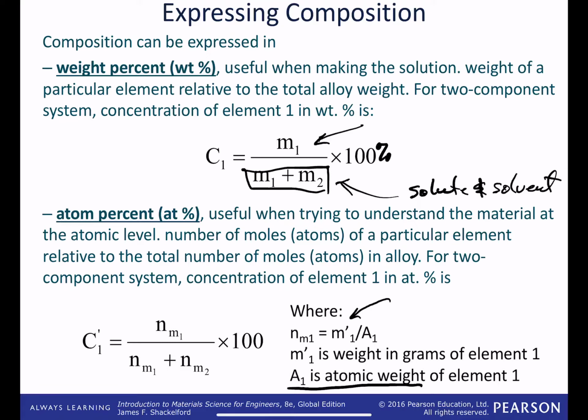So that's reflected in this equation here, which is simply taking the solute as a numerator again, but first transforming any mass information into number of moles of the solute. And then again, the denominator is going to be the number of moles of solute and solvent, multiplied by 100% to give the atom percent value.